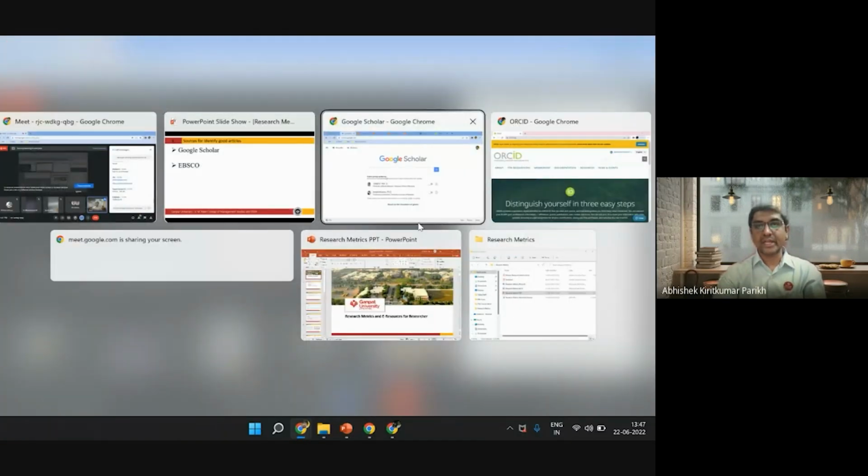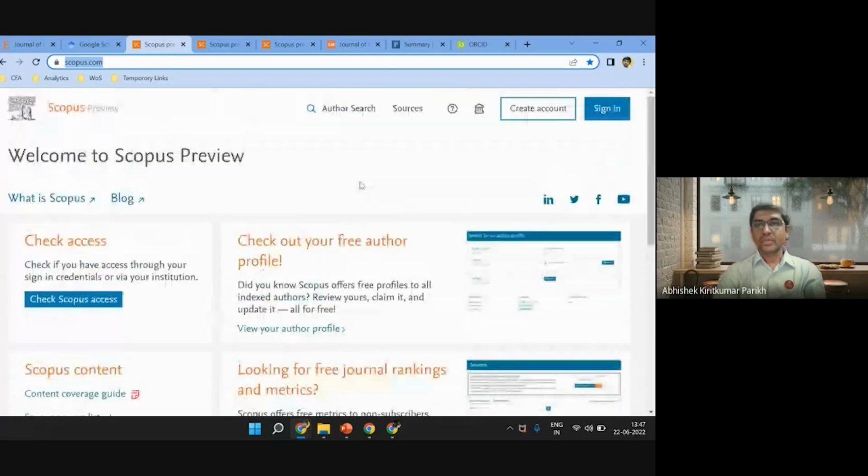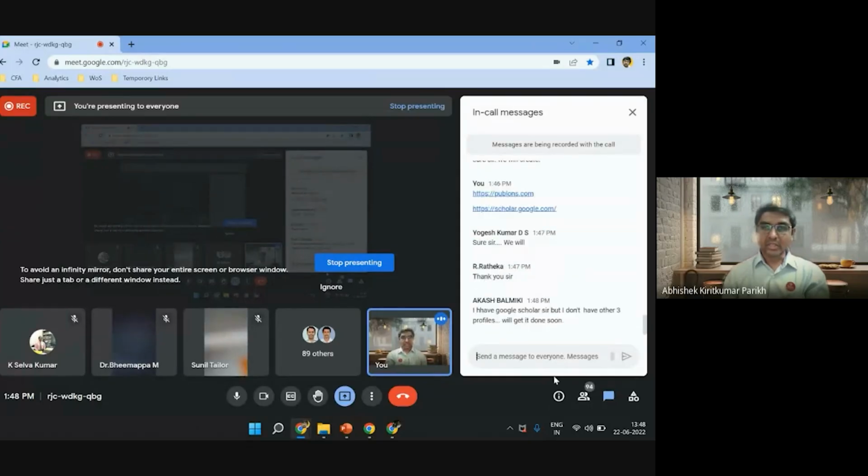I already showed from where you can check the Scopus list, from the search box also you can check, right? So I always request everyone to make sure that you are citing articles which are already Scopus and Web of Science listed, right? Because other articles, if you are even citing them, will reduce your article quality.